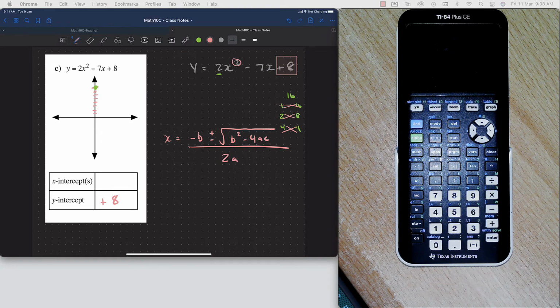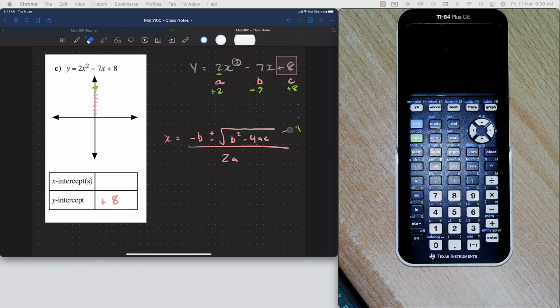And remember that once we've got this set up, that is my a, that is my b, and that is my c. So in this case, a is equal to positive 2, b is negative 7, and c is going to be a positive 8 right there.